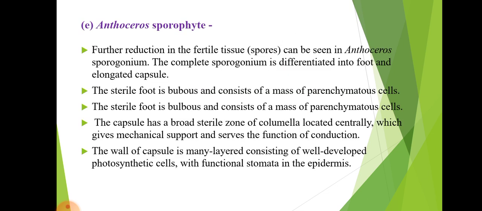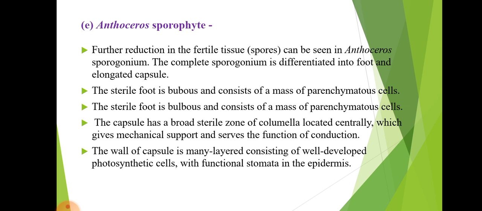And if you see the Anthoceros sporophyte, further reduction in the fertile tissue can be seen in the Anthoceros sporogonium. The complete sporogonium is differentiated into foot and elongated capsule.